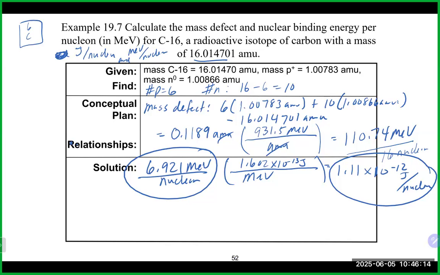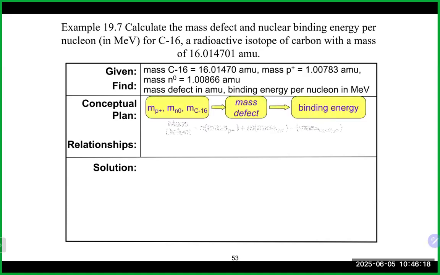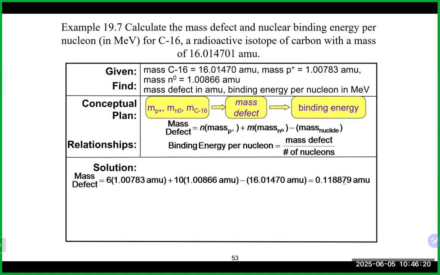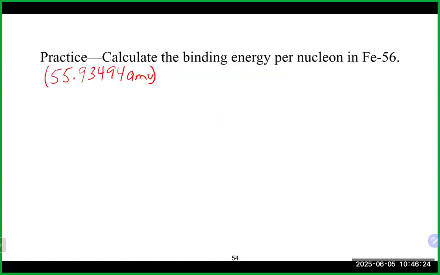All right, let's try one more here, I think. Calculate the binding energy per nucleon for iron 56, and iron is 26 on the periodic table there.